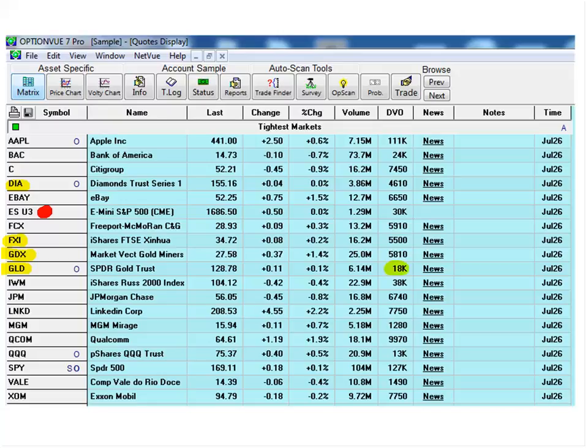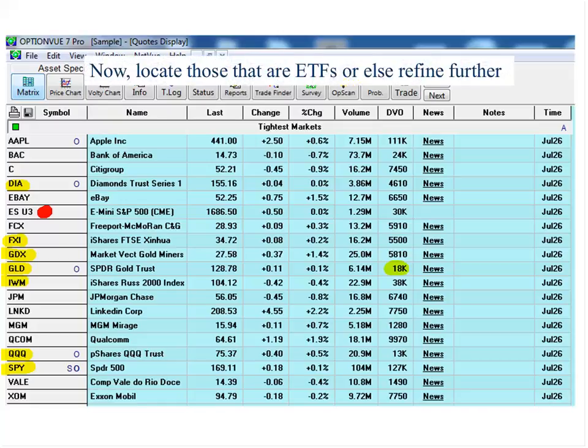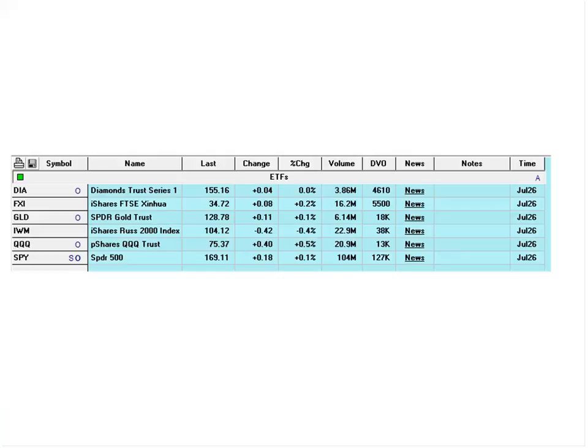I went with GLD, IWM, and the Qs and the spiders, right, and those are 6. 1, 2, 3, 4, 5, 6. I went with GLD for the gold. All right, now that's the ones we're going to pick for our little group. This constitutes our little world.